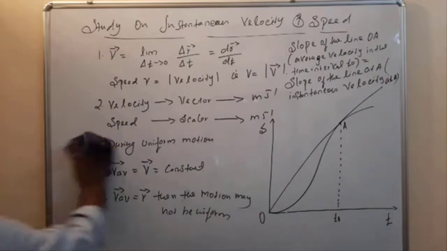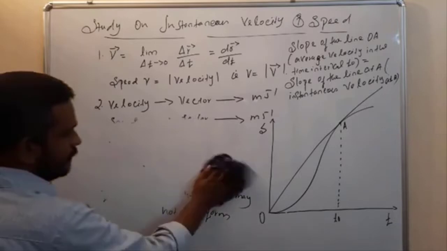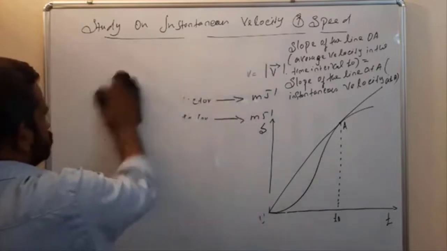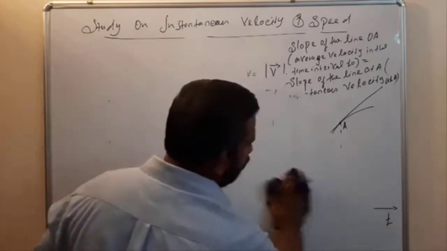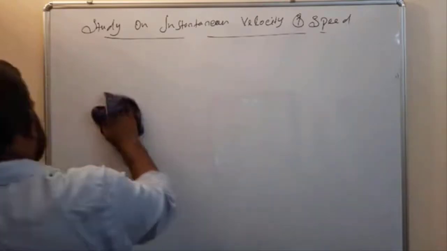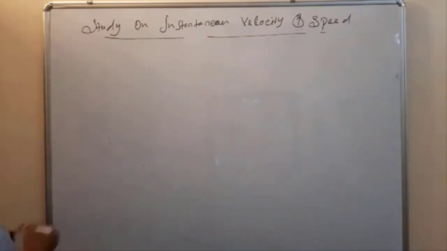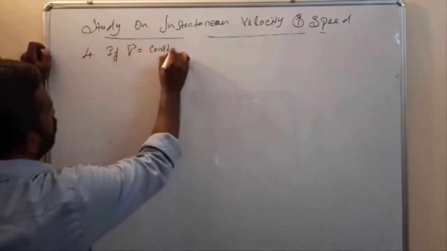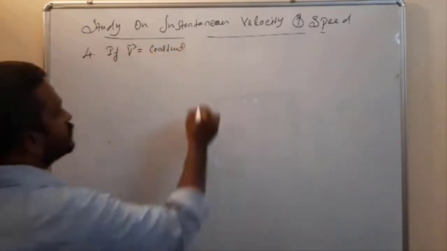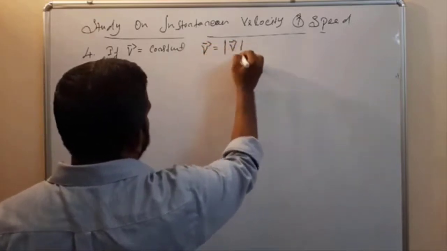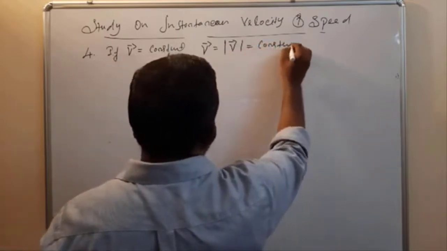So the next point, fourth point. If V is equal to constant, so speed, which is the modulus of the V vector, is also constant.